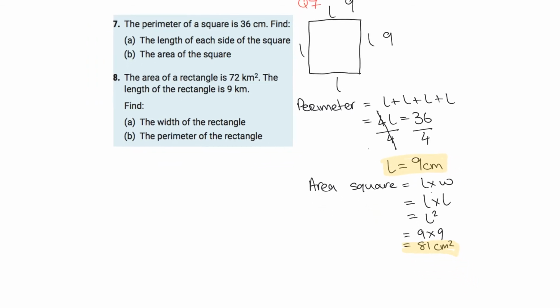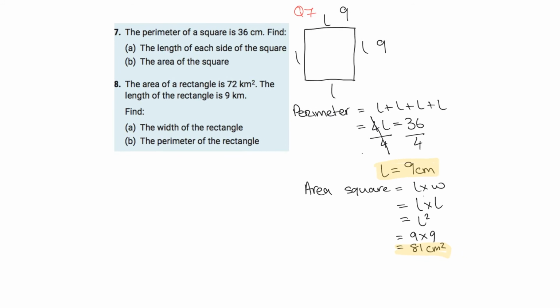I'm going to zoom out a small bit here to give myself some more space. Question 8 is a rectangle of 72 kilometres squared. So kilometre, as we know, is a much bigger unit of length. We use it to measure the distances between towns, for instance. But again, I'm going to model this, and by modelling, I mean I'm just going to draw it so I can get a picture of what the question is asking me, and then it's easier to think about how you're going to solve it.